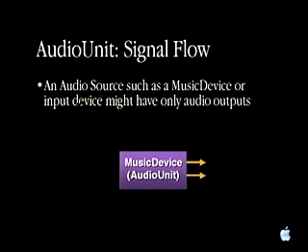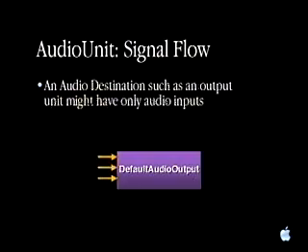A software synth, music device, may only have outputs because it's actually synthesizing sound. It's creating it from scratch. The default output unit, which Doug talked about yesterday, would just take inputs, and it would send that audio to a hardware device.